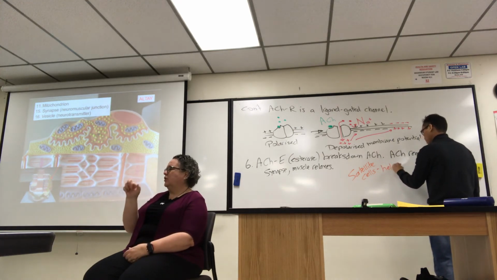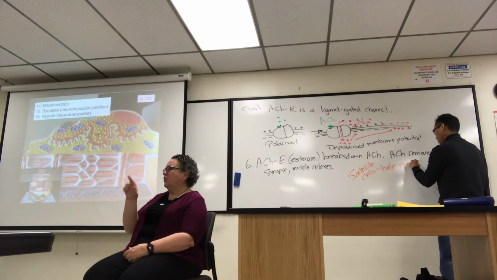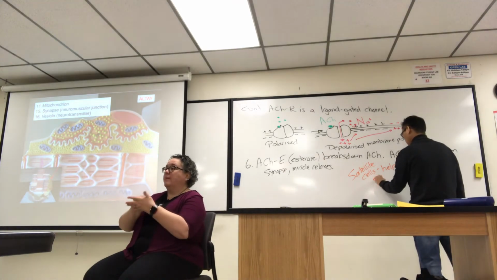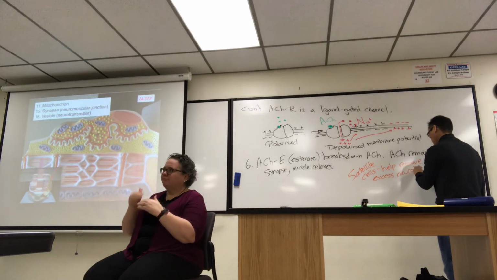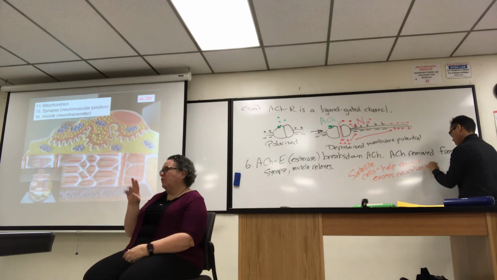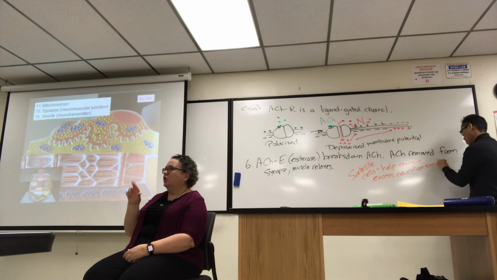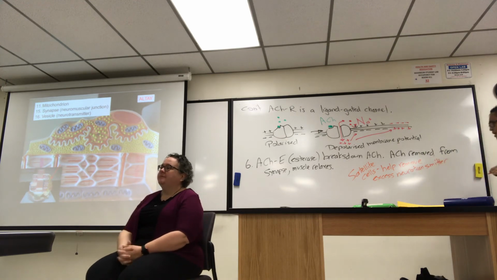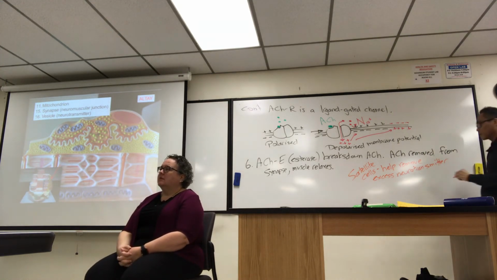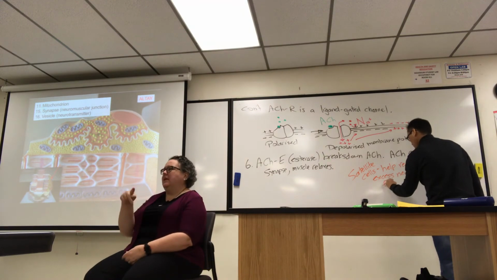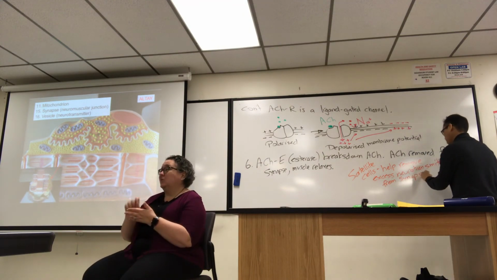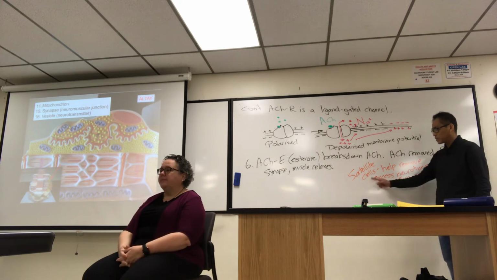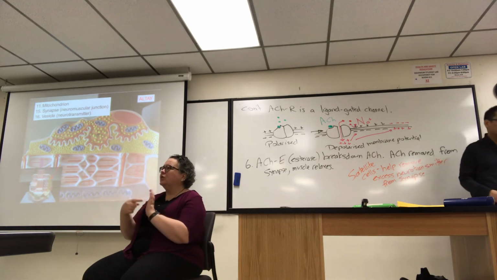It's one of the functions: help remove excess neurotransmitter from the synapse. The reason I mention this is because one of our models actually shows a satellite cell, and you're expected to be able to identify it.